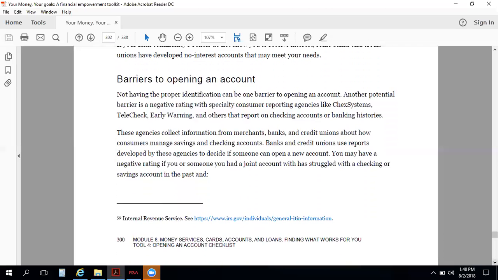What are some of the barriers to opening an account that a client might face? So they might not have the proper ID. They may have a poor credit rating with some of the credit bureaus.